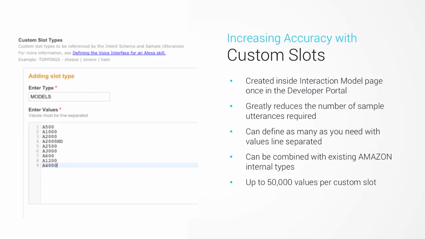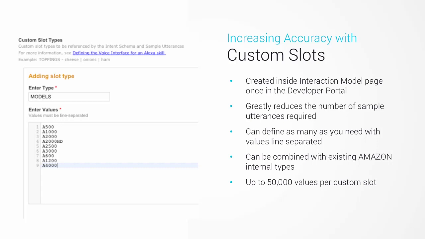Now, creating custom slots is as easy as providing values. So you can see here for models, here's a bunch of computer models that I'm putting in here. You can have up to 50,000 values here, as long as these values are break delimited. So think of different scenarios, whether it's anything from fitness to finance to computers or games. If there's a specific type of language that's being used, a specific type of variable information that's going to be in there, you can go ahead and provide your own data type for this.